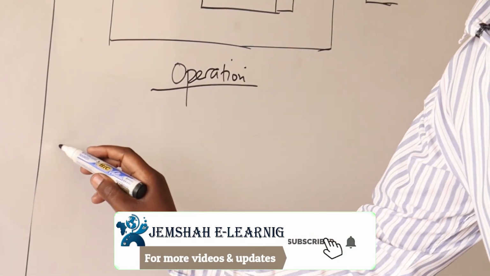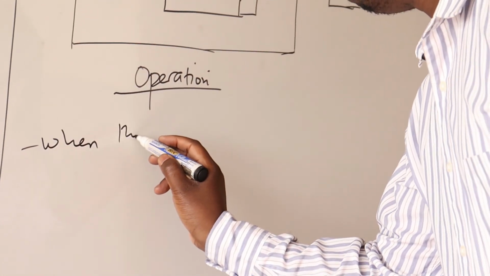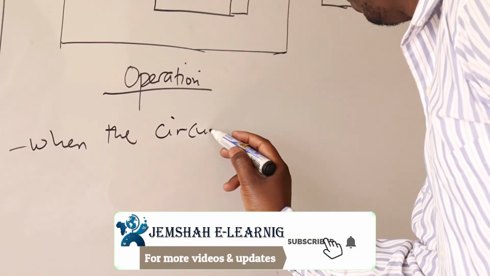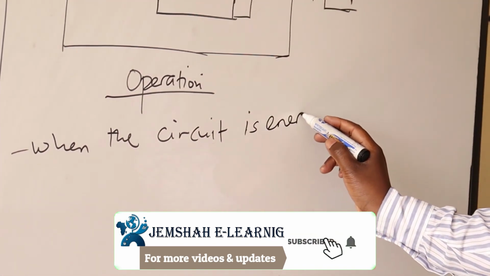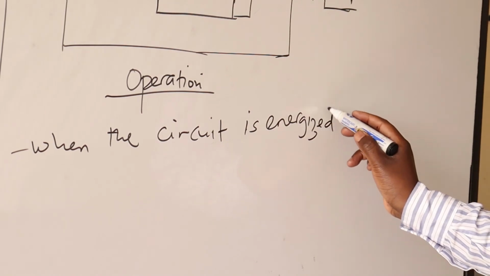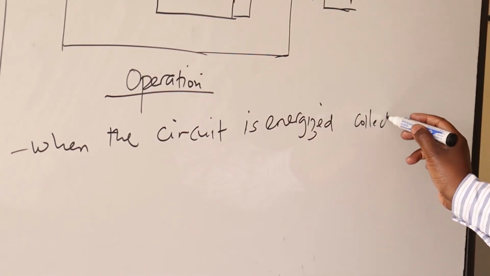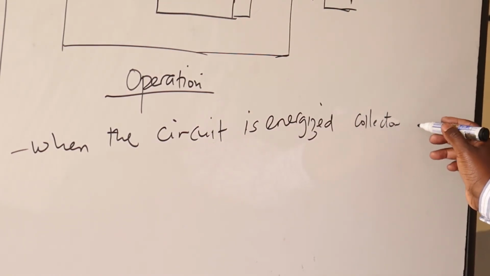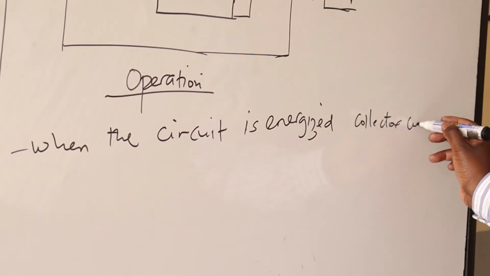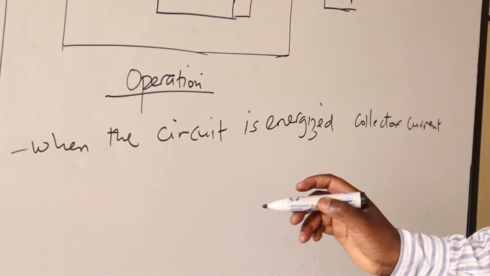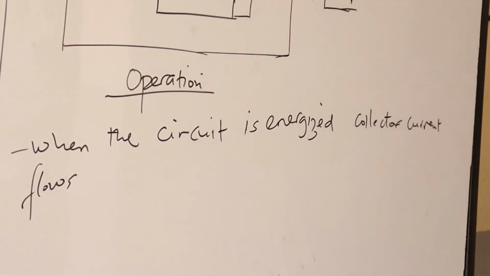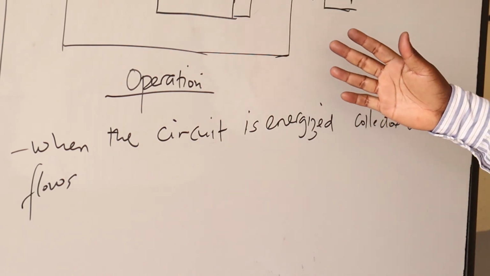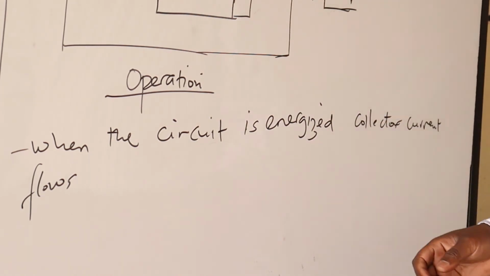When the circuit is energized, collector current flows. When this collector current flows, it establishes the field.